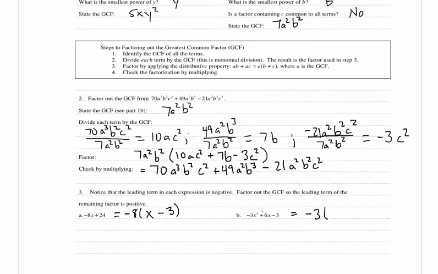And if we factor out a negative 3, then we have negative 3x squared divided by negative 3 would be x squared. 6x divided by negative 3 is negative 2x. And negative 3 divided by negative 3 is equal to 1, so plus 1.